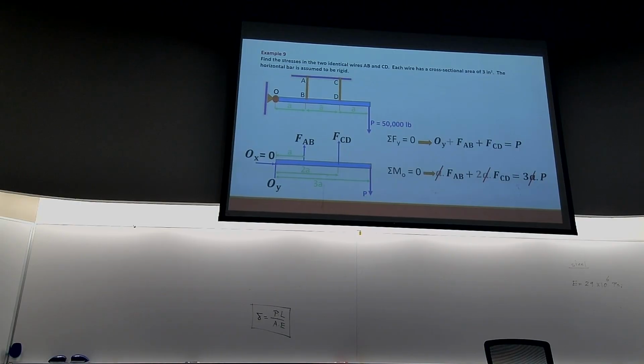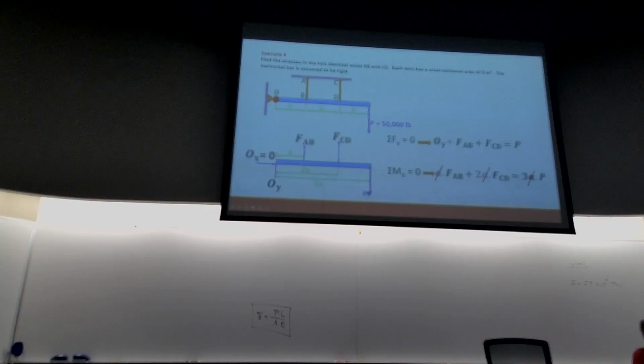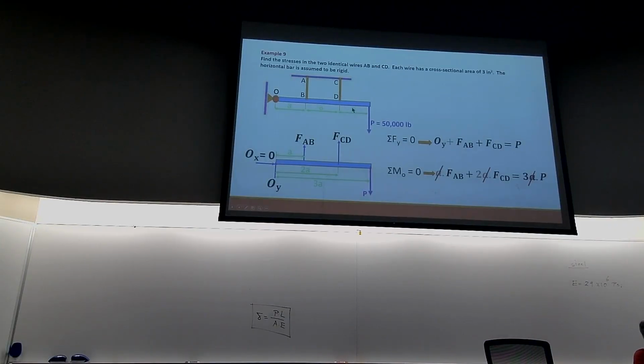And you see a free body diagram for that member shown here. Obviously, we need to show the applied force P. This is going to cause tension in both wires.